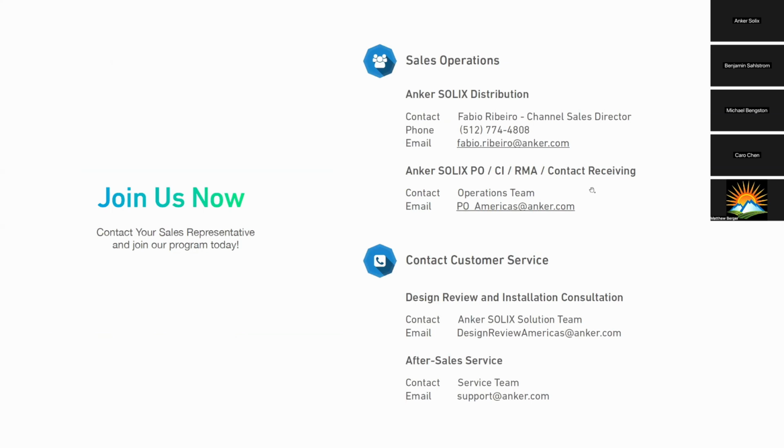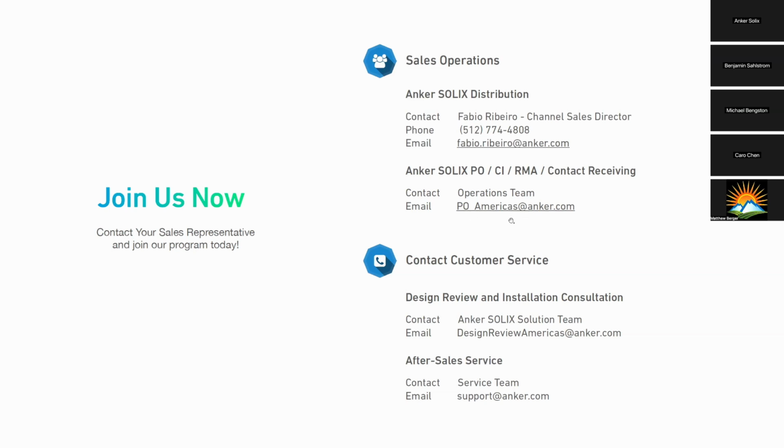So I got some contact information for you guys. We have our channel sales director, Fabio. If you guys don't know who your regional account manager is, you can email Fabio here, and he will get you in contact with who you need to reach out to so you can start this onboarding process. And then if you're a distributor, all POs will be forwarded through here, our PO America account.